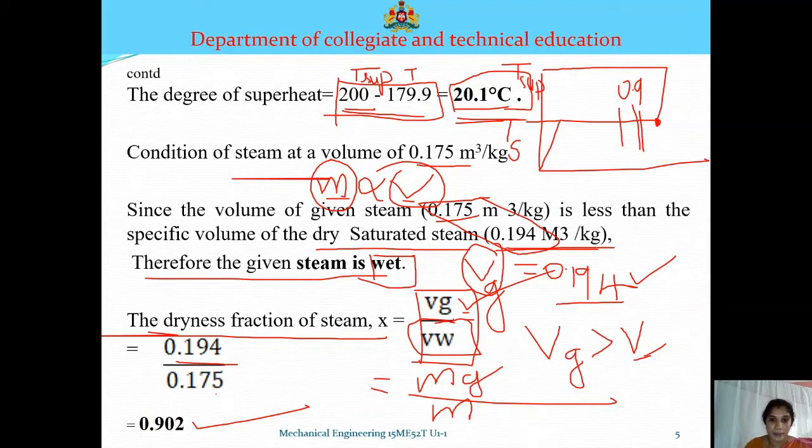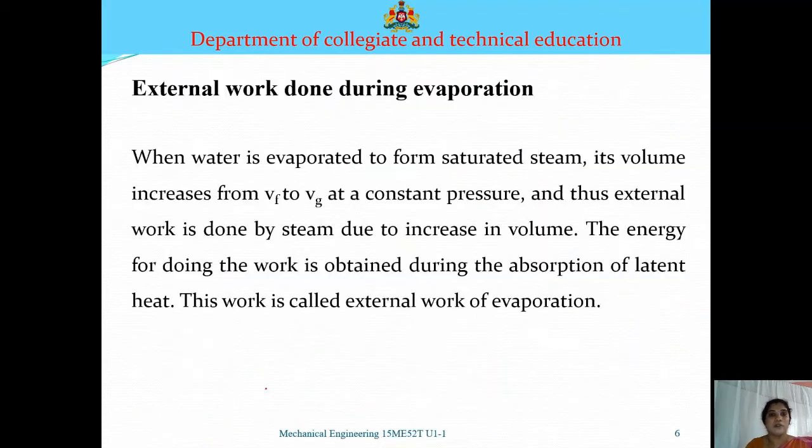By substituting the values of Vg and Vw in the formula, we'll get the answer as 0.902. So the value of x is 0.9, so about 90% of the steam has been converted into dry steam. That is the meaning of this in this problem.